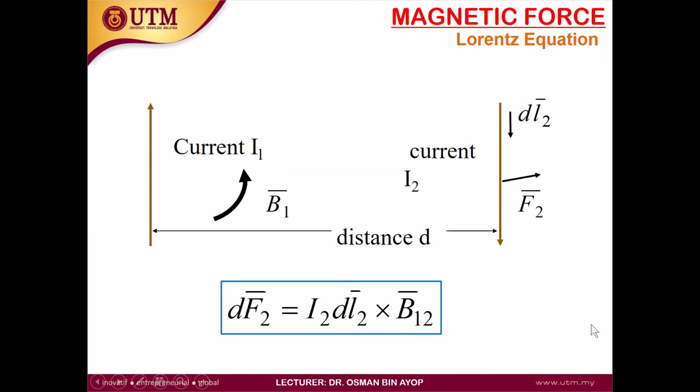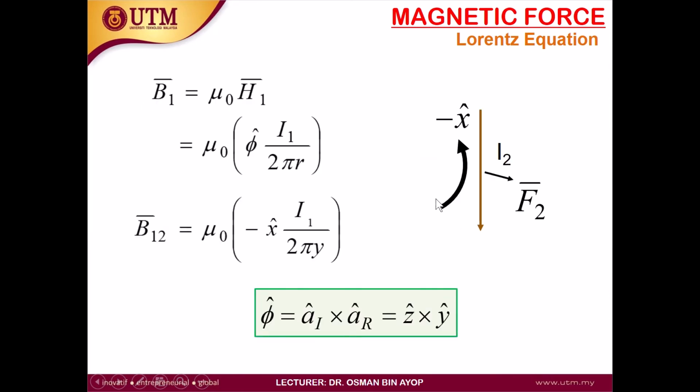Because our analysis is on the second current, the force is F2. F2 equals I2 dL2 cross B12, where B12 is the field created by the first current source.